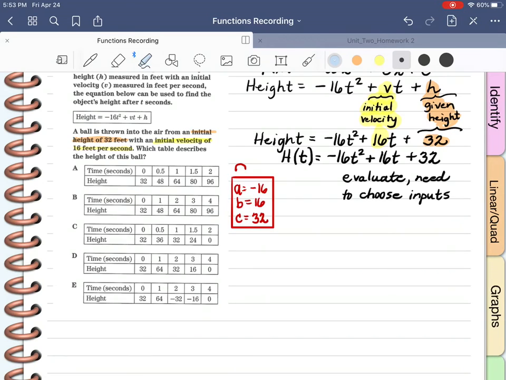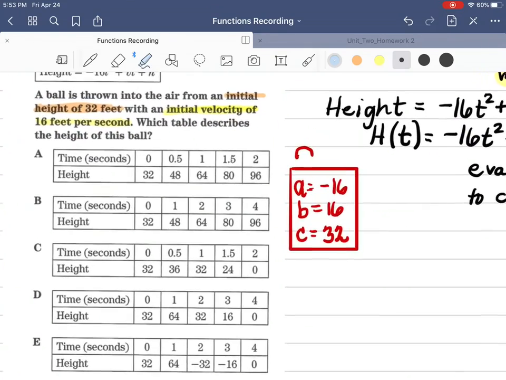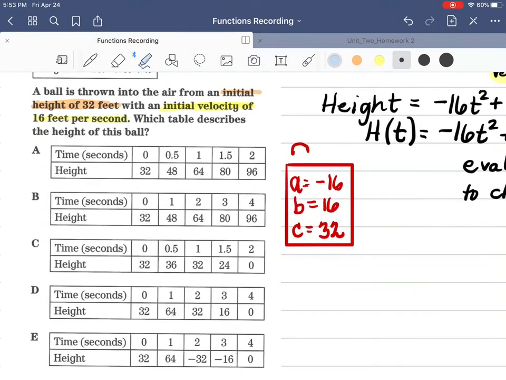Because remember, we want our inputs to match their inputs, or we won't be able to compare the tables. They used these inputs for the first table, and then look at what happens. They use those inputs for the second table. The inputs are different. So my first instinct is to say, oh my goodness, am I going to have to do all of those inputs?